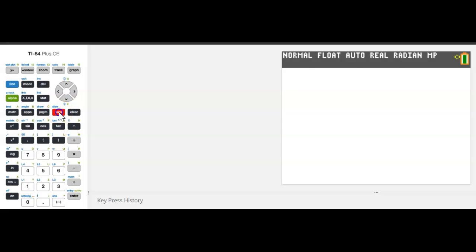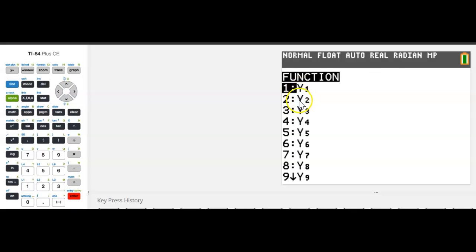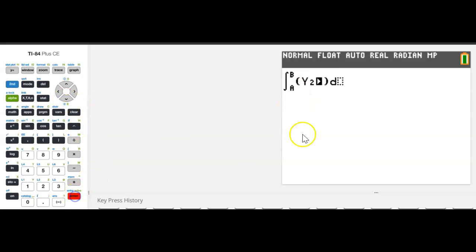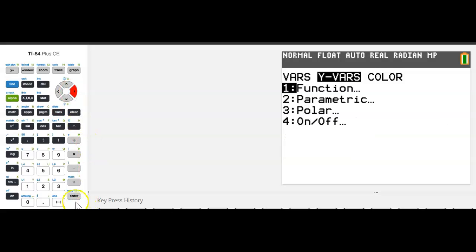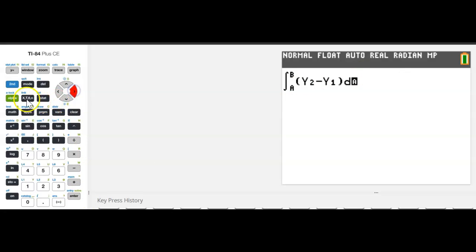So I'm going to go to vars, y vars, function, and grab y sub 2, so arrow down, and we have y sub 2 entered in. Now hit minus, and vars, y vars, function y1, arrow to the right, and that will be an integral with respect to x.